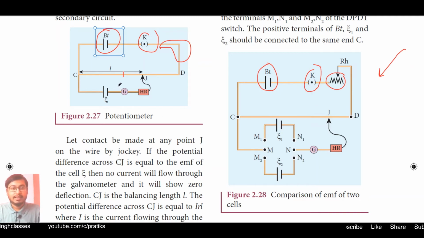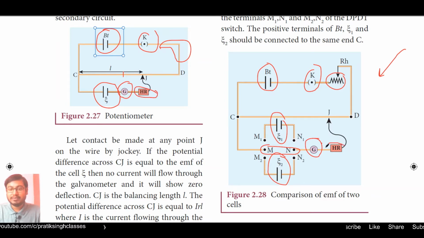Then a cell is connected here, and here two cells are connected in parallel, having EMFs Xi1 and Xi2. Then MN is a two-way switch that is called DPDT, double pole double throw. Here we have a galvanometer, again here we have a galvanometer. We have a high resistance here, another high resistance here.